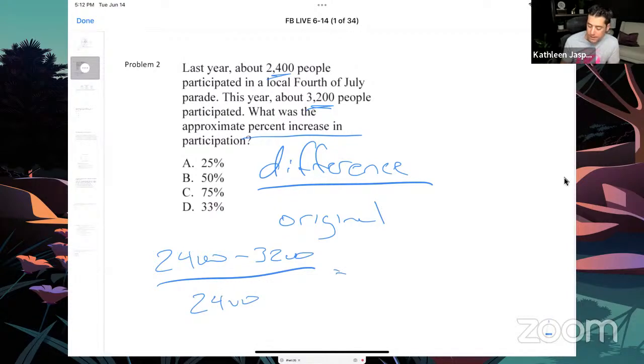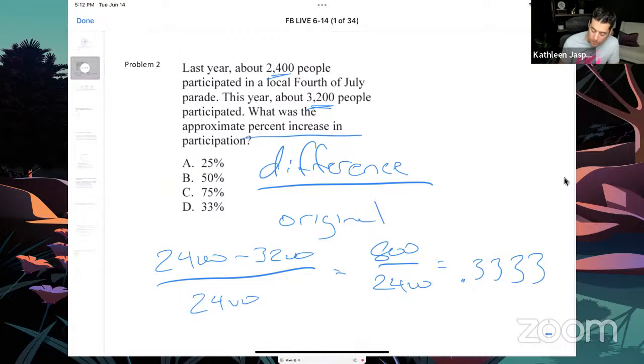It's 800 over 2,400, which is equal to 0.3333, right? You get it.